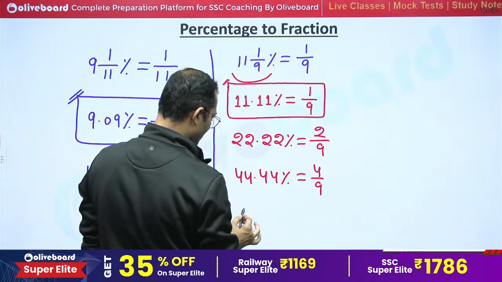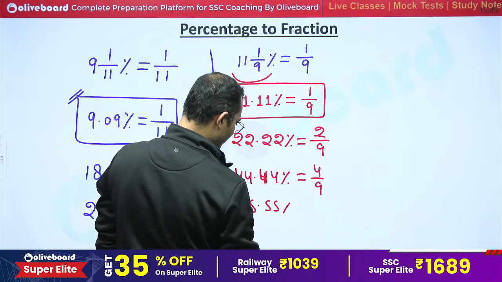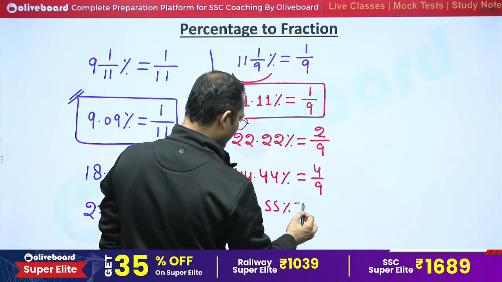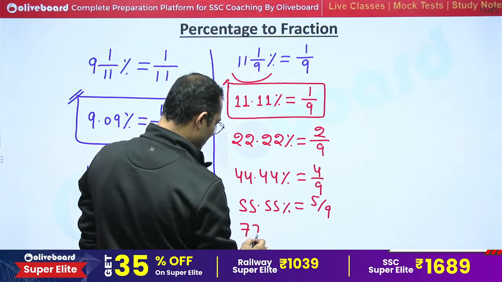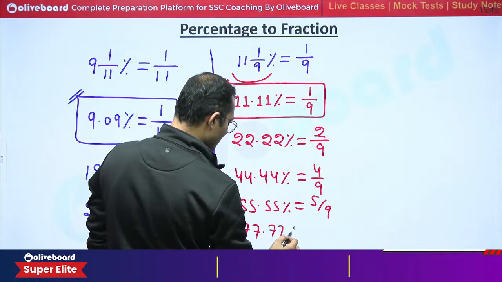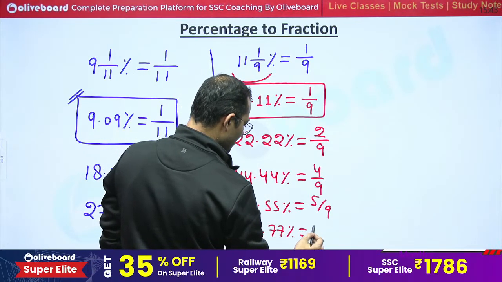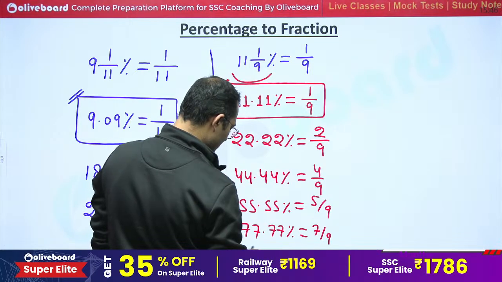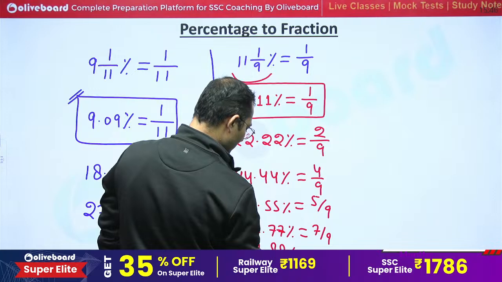So you must remember this. 55.55%, this is equal to what? See, this is equal to 5 by 9. Yes. If you got 77.77%, simply you can write it 7 by 9. Yes. 88.88%, this is equal to what?